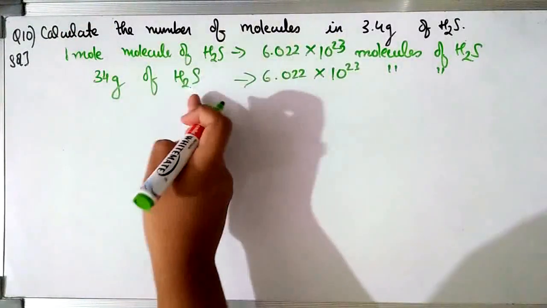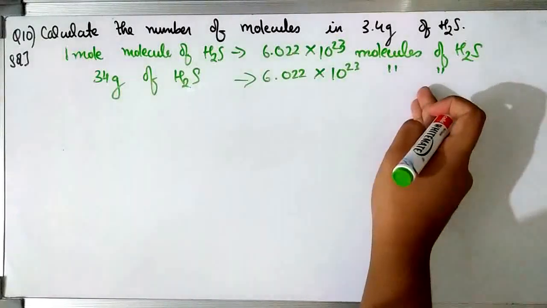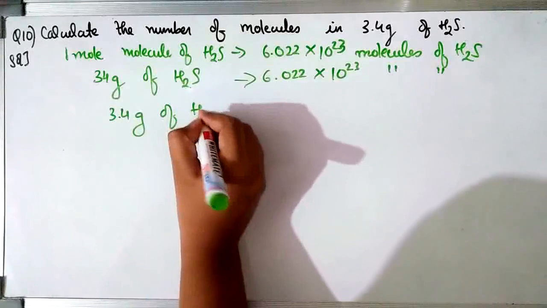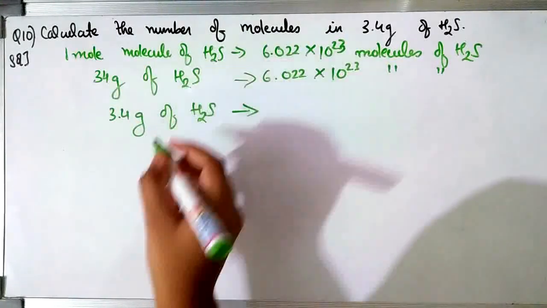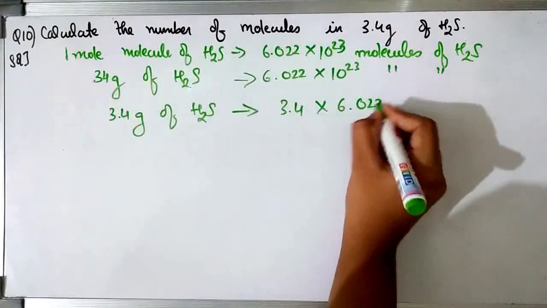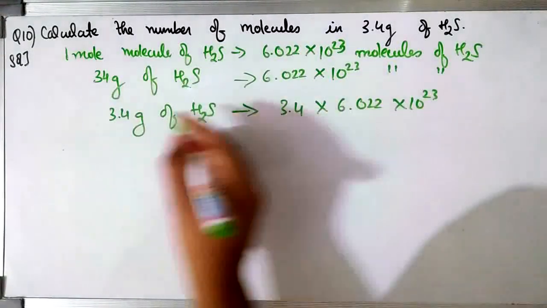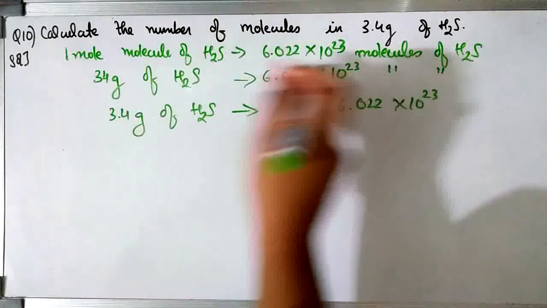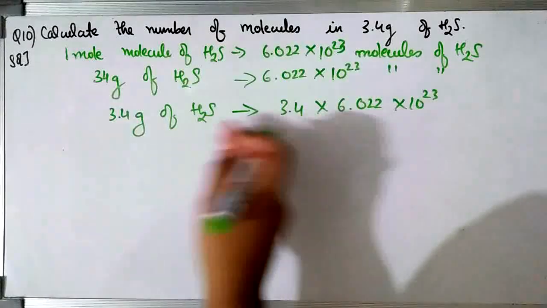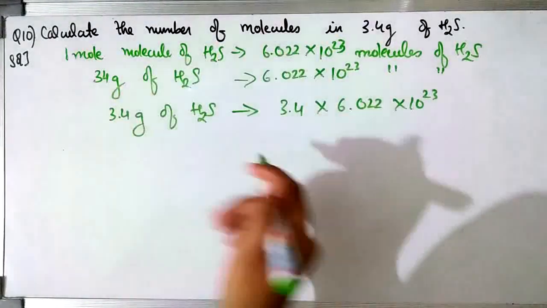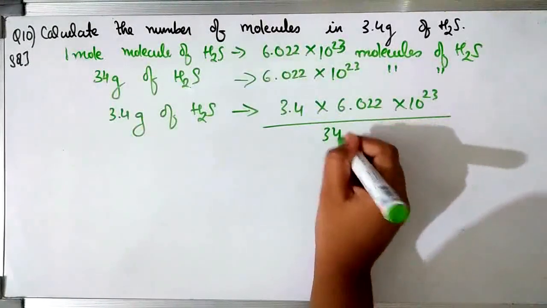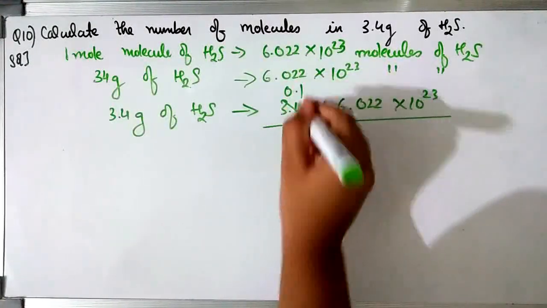Now if 34 grams of H2S has these many molecules, then how many will 3.4 gram of the compound have? That will be 3.4 into the Avogadro number divided by 34, which is 0.1 times Avogadro number.